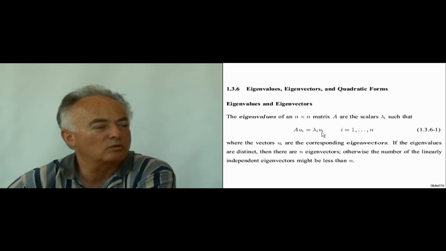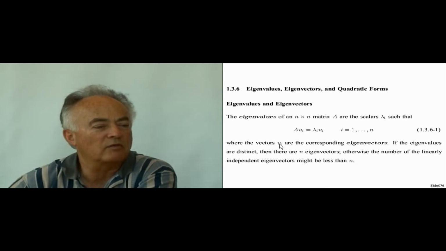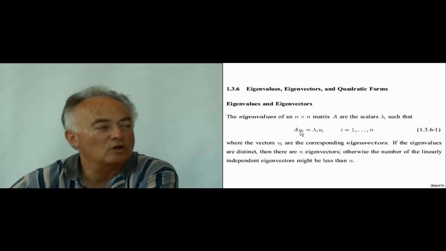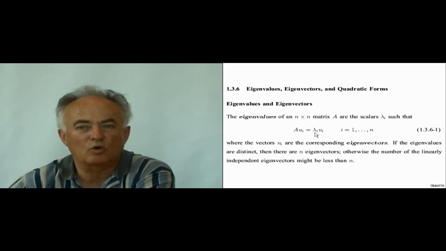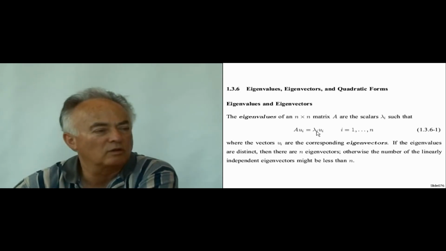The vectors ui are called eigenvectors or proper vectors or proper directions, and what a multiplication by a matrix does to this vector is you get back the same vector scaled. So that's why it is called also proper direction for that particular matrix.